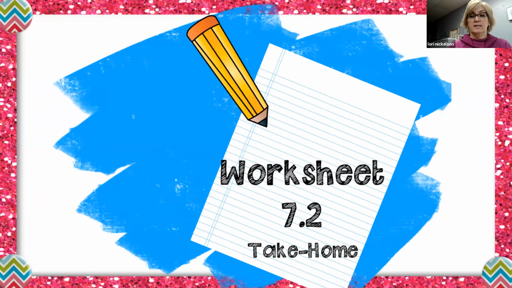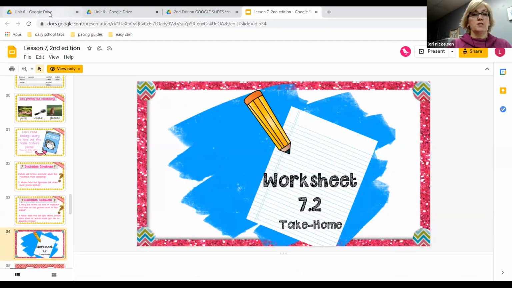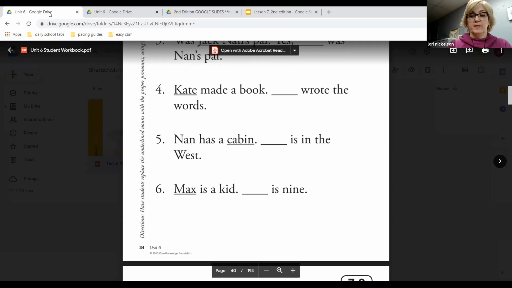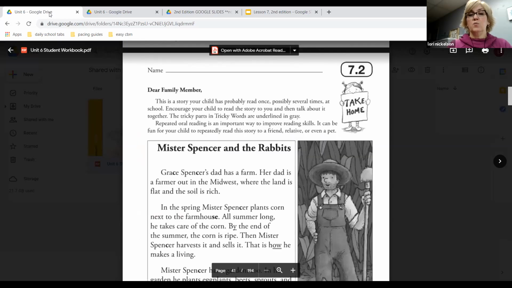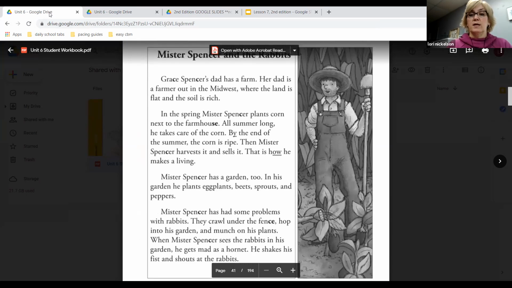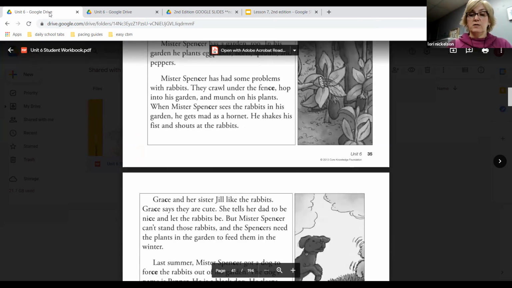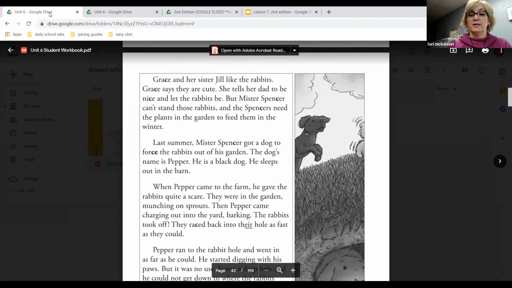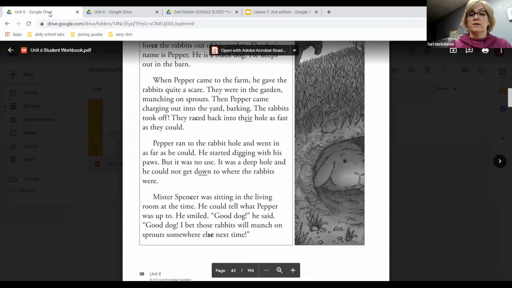And then it says, let's look at worksheet 7.2. So if we escape back and look at our worksheets that we have, 7.2 is our take-home reader. It's Mr. Spencer and the Rabbits. So it's 2 pages here, all right? And you just practice reading our story for fluency, all right?